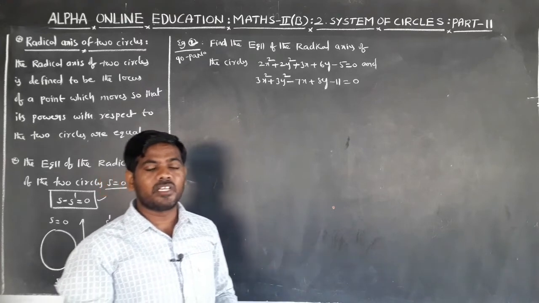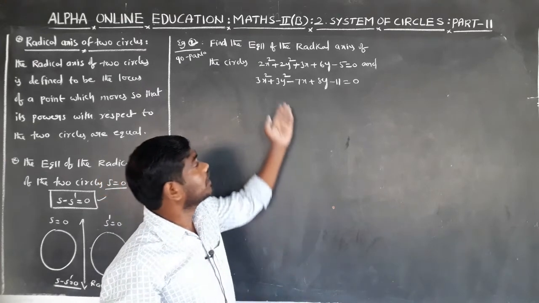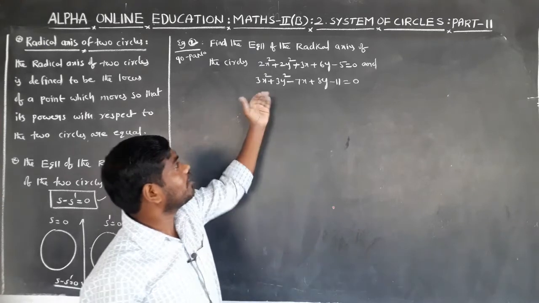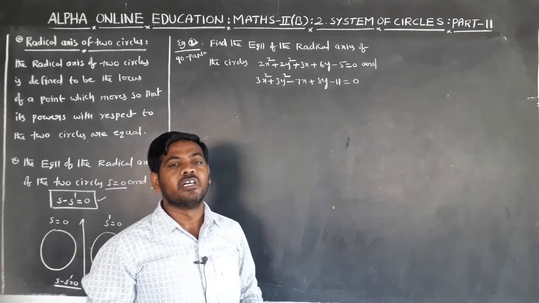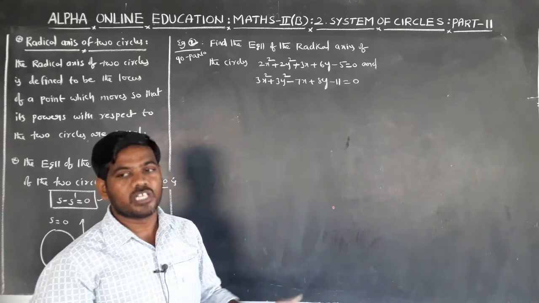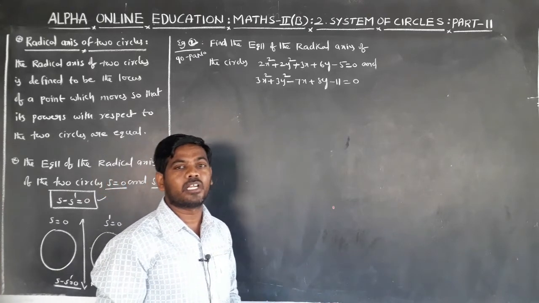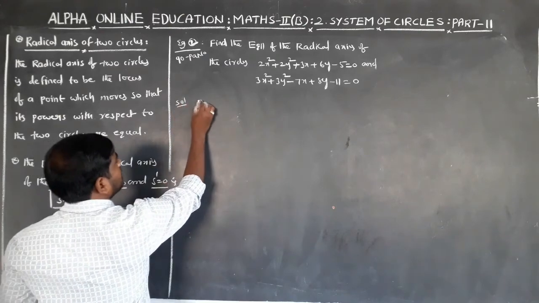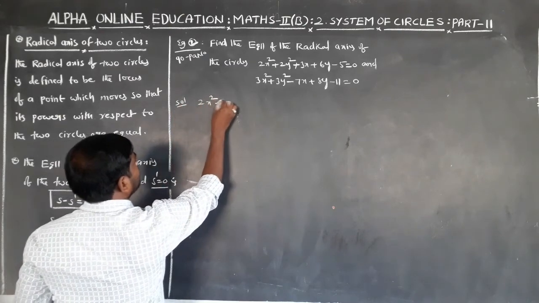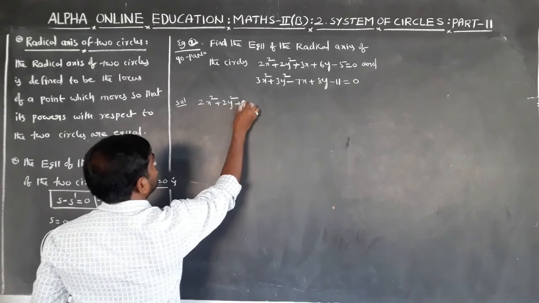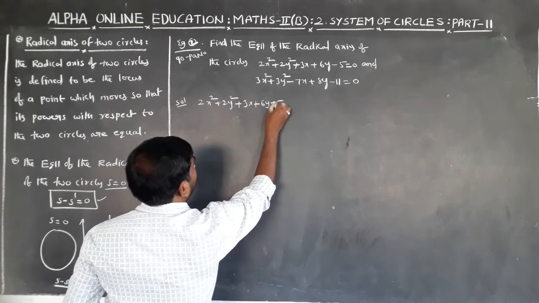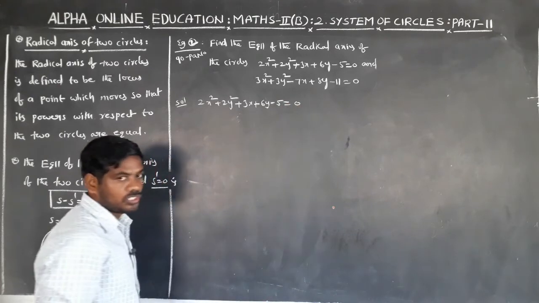Here the given equations are not in general form. First of all, the given equations must be transformed into general form. The first equation of the circle is 2x square plus 2y square plus 3x plus 6y minus 5 is equal to 0.